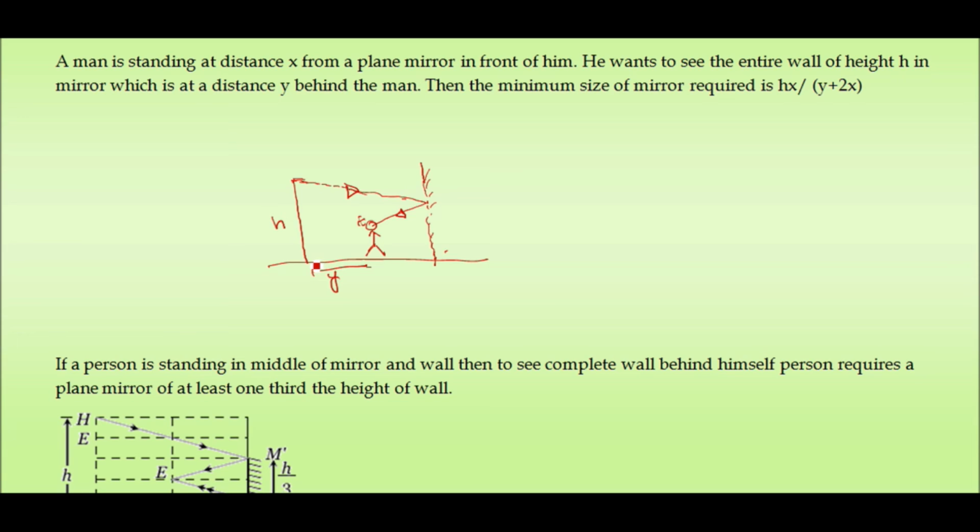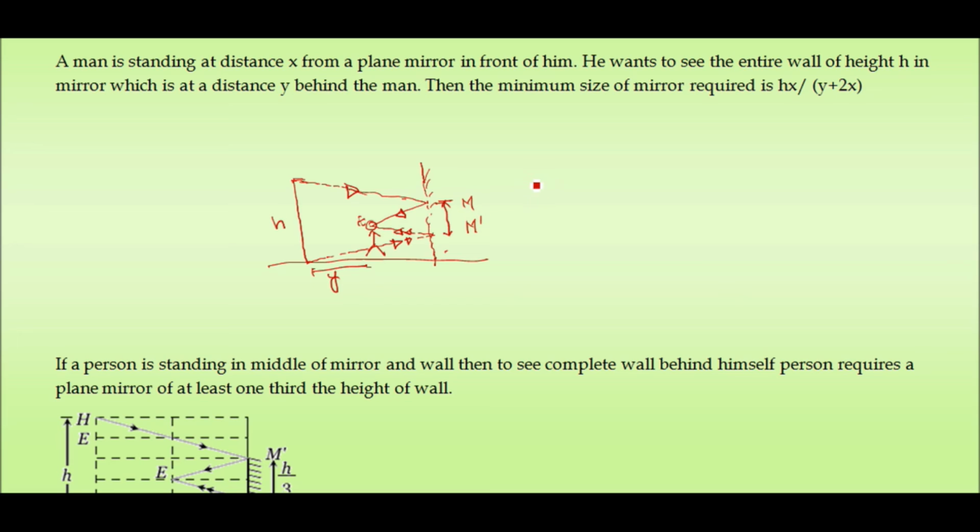Now we will see the foot of the wall, and the foot of the wall again in a similar way comes, is reflected from this mirror and then hits his eye. So this is the minimum length of mirror required, and this is MM dash.